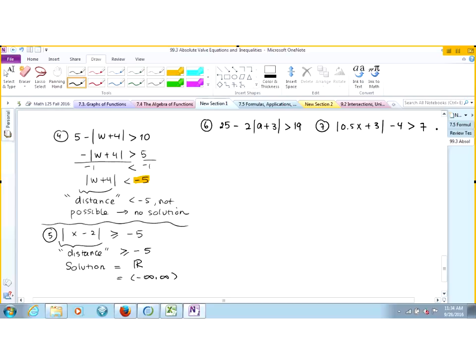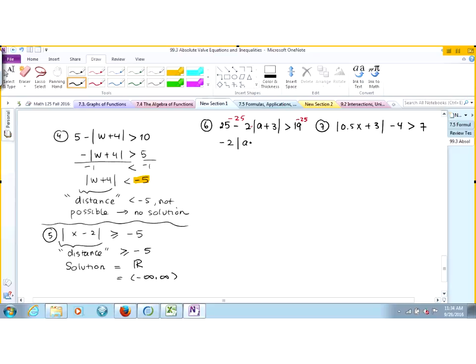So what would you do first? Isolate, yes. So we will bring the 25 to the other side? No, this is order of operations. So this is 2 times the absolute value, right? So you can't subtract 25 minus 2 first. Yes.